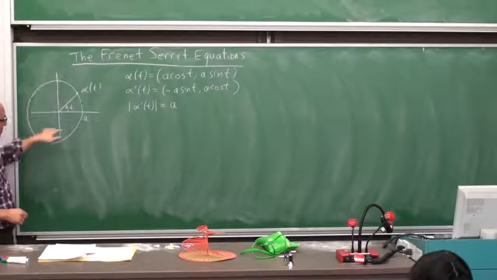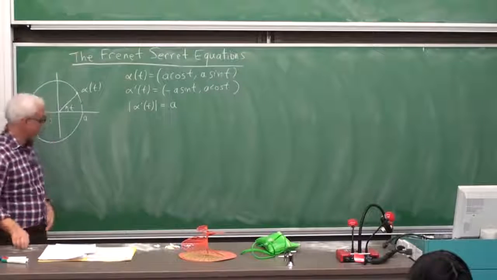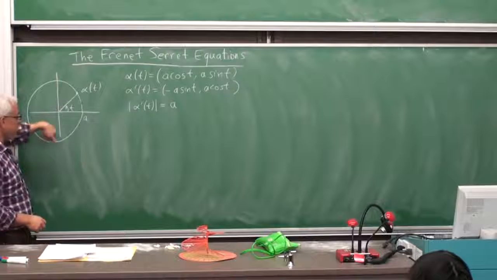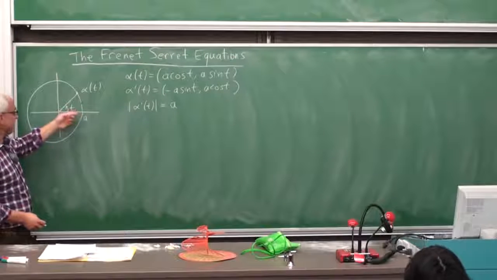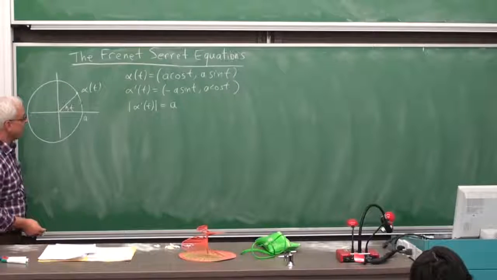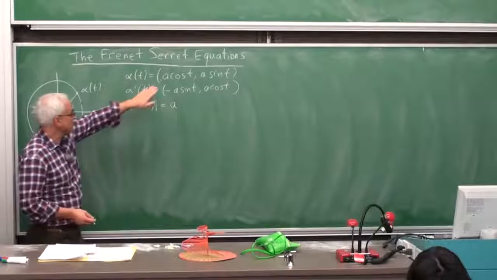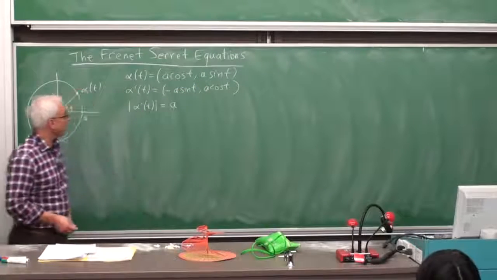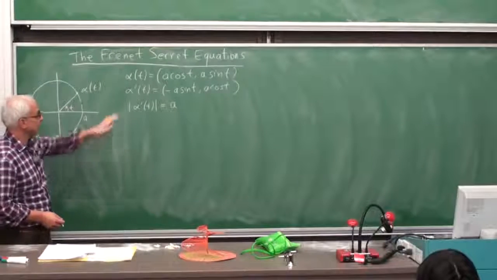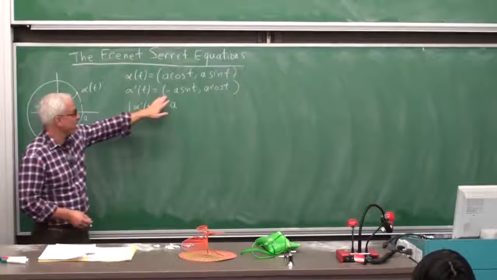So we were talking about this unit circle at the end of the last lecture. No, it wasn't a unit circle, it was a circle of radius a and a curve going around it, parametrized by essentially the angle, which we're going to call t, because we like to think of the parameter as being time. And here was the formula for the curve itself, alpha of t, a cos t and a sine t, and here was its derivative, alpha prime.